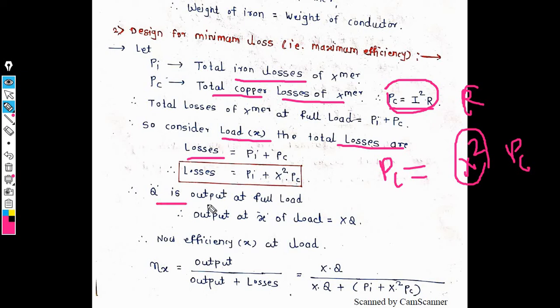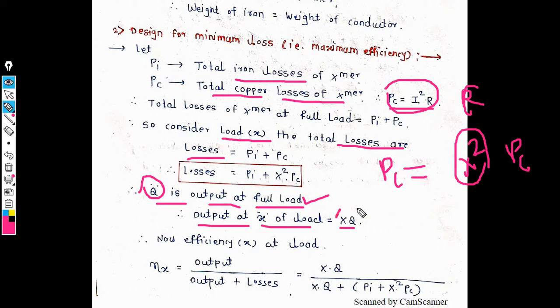Then Q is output at full load, and output at x load is x into Q. That means the output of the transformer depends on load, that is Q into x. But efficiency of the transformer is very important. This is the efficiency formula, that is eta is equal to output upon output plus losses.